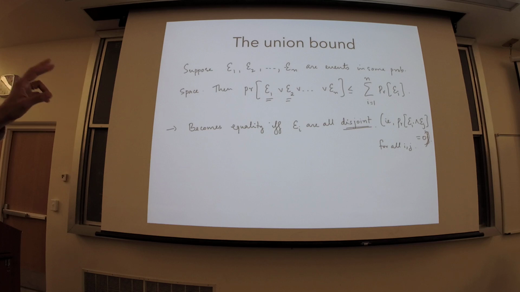We say they are disjoint when Ei and Ej never happen simultaneously.